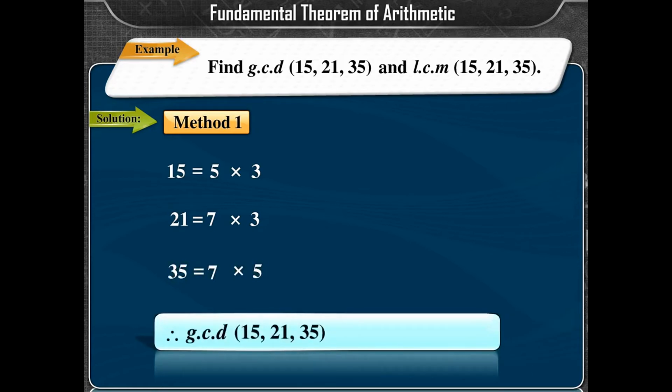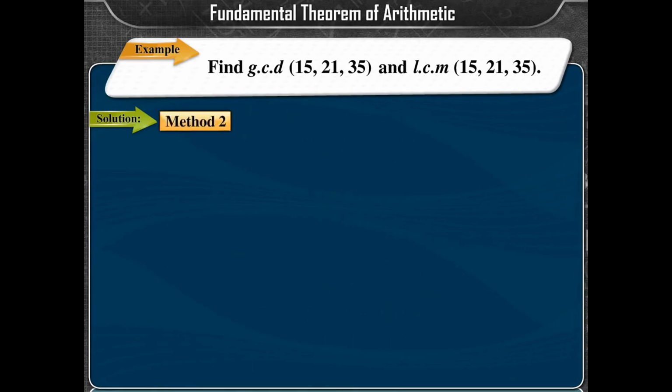Therefore, GCD of 15, 21, 35 is equal to 7 raised to 0 into 5 raised to 0 into 3 raised to 0 is equal to 1.